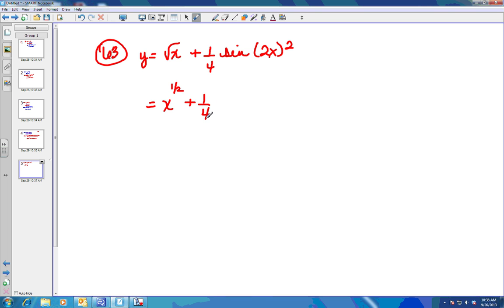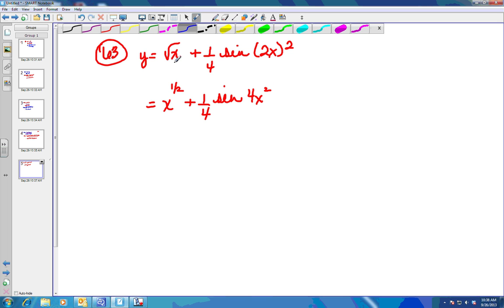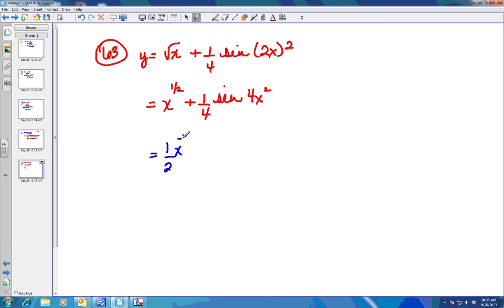When I rewrite this, the only thing that's being squared is the 2x. So when I square that out, that's 4x squared. So now I'm going to find the derivative. This is just the regular power rule. Bring down your exponent, subtract 1 from your exponent. This is now the chain rule. Bring down your exponent. So 1/4 times 2 is 1/2.